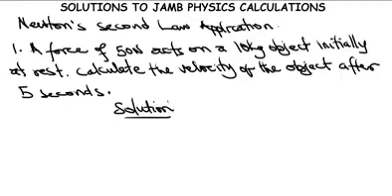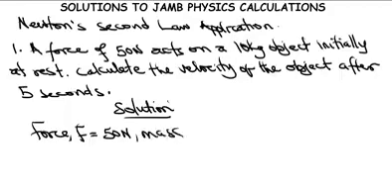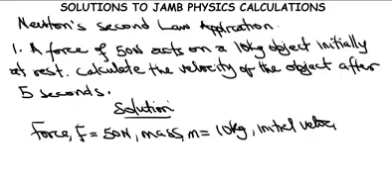Now from here we could see that we are given the force, which is F, and this is 50 Newton, acting on a 10 kilogram object. That's the mass. Mass M is 10 kilogram. Initially at rest, that means the initial velocity, which is U, is 0.